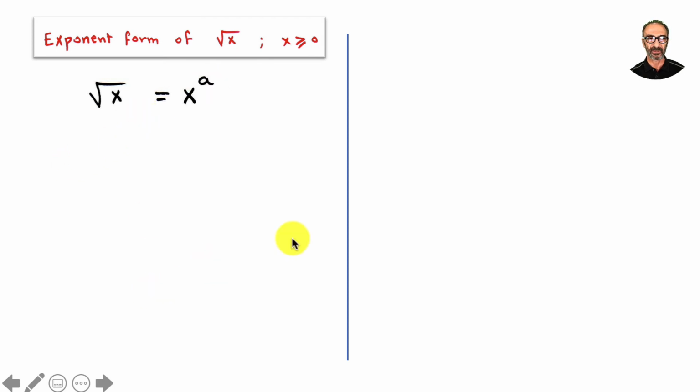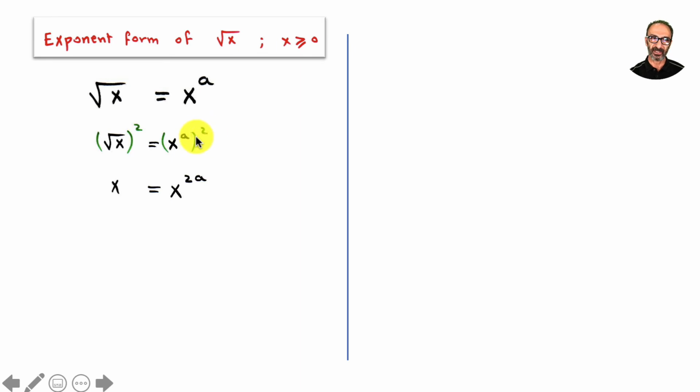Here are the steps, and the summary will be on the right side. Raise both sides to the power 2 to cancel the second root, or the square root. This and this will cancel, and I'll end up with x on the left side.